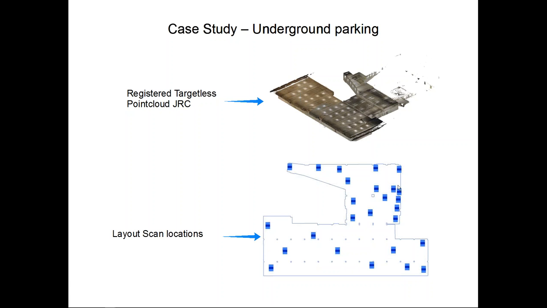As you can see here in the second image below, the layout of scan locations, on the north east side, there are 4 scan positions in a line. They are very close to each other. What happened? We identified on site that we needed some extra scan data because there were pipings and elements that we wanted to capture.